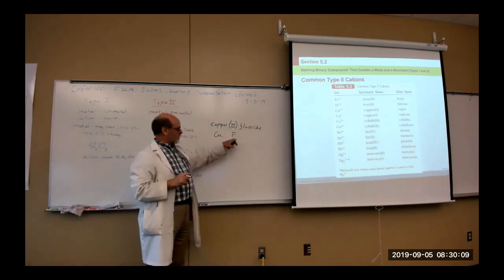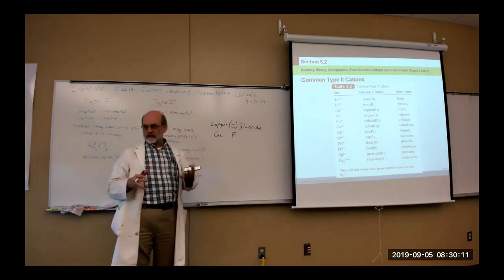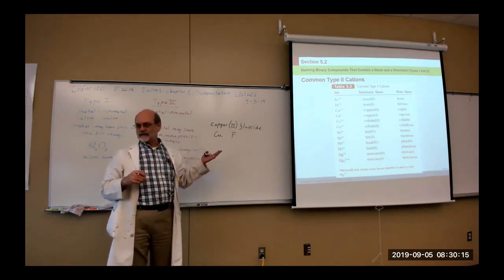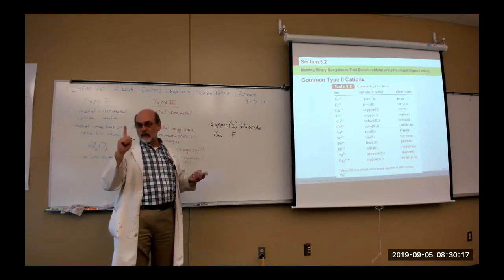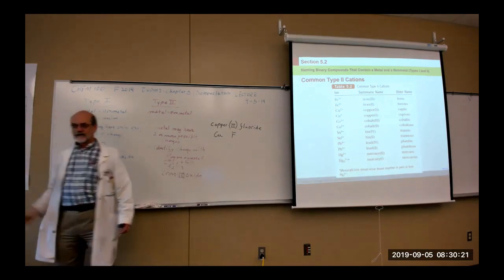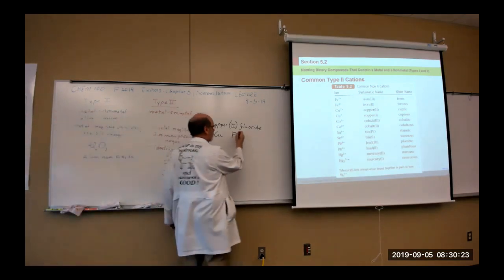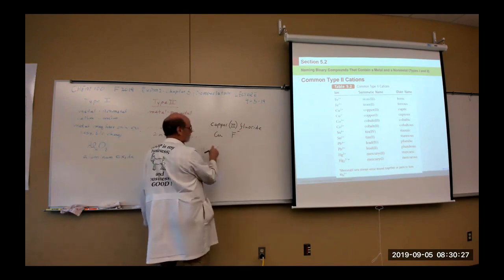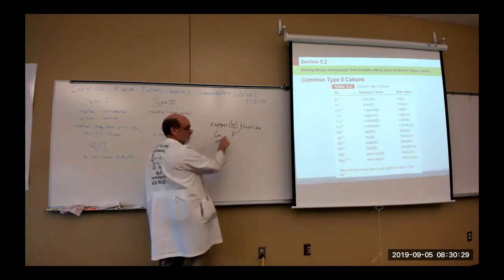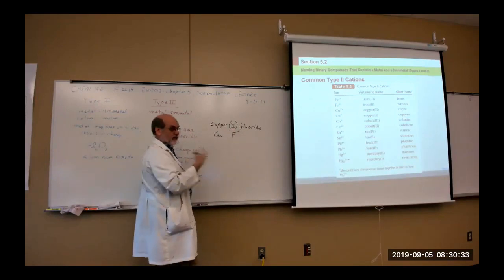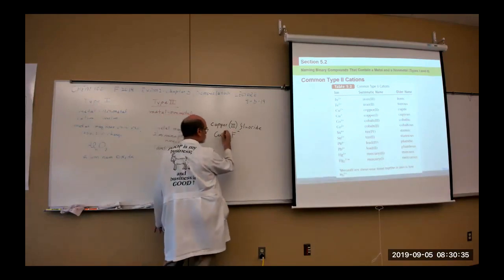Now we need the subscripts so that we can be sure the charges are balanced. So what's the charge on fluorine in this compound? Minus 1, right? It's a halogen. Okay. How about copper? Well, we're told what the charge is on copper, right? Because it could be more than one charge, so we have to be told. So this is 2 plus.